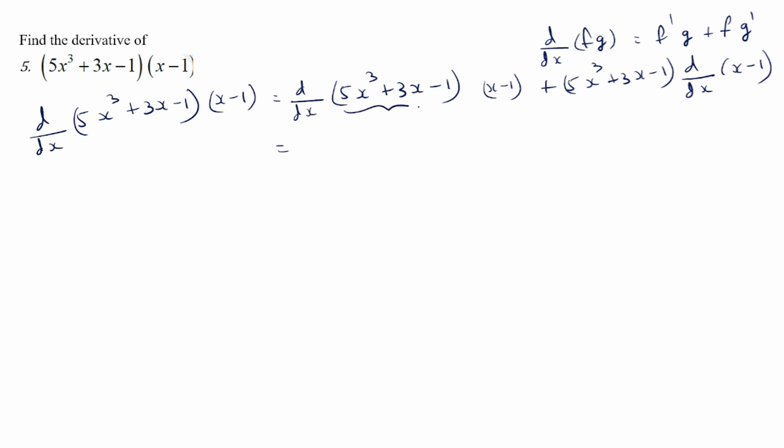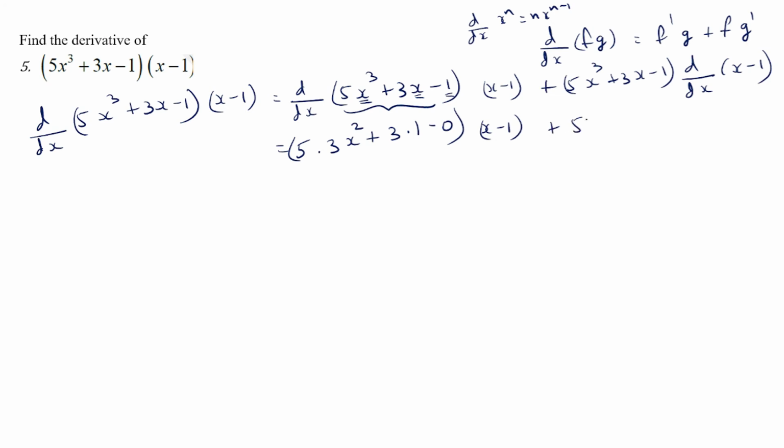Now derivative of this will be 5 into derivative of x cube. Derivative of x raised to n is n into x raised to n minus 1. So using that, derivative of x cube will be 3 into x raised to 3 minus 1, which is 2. Then plus 3 into derivative of x is 1 and derivative of 1 is 0. This into x minus 1.